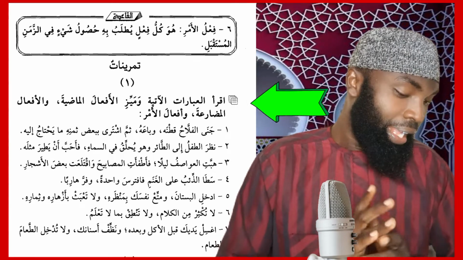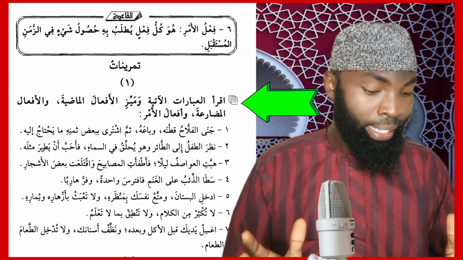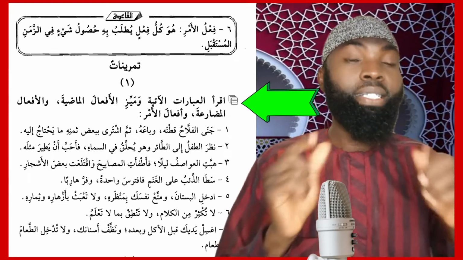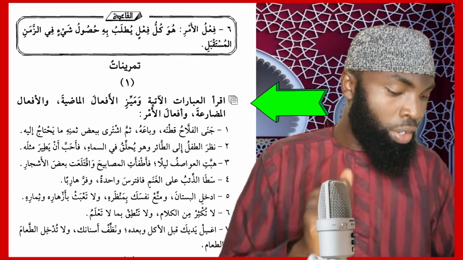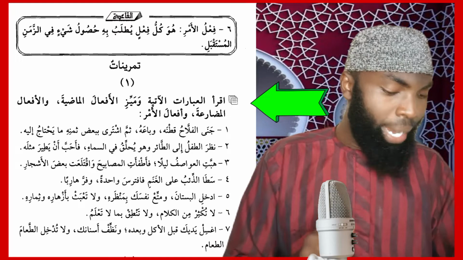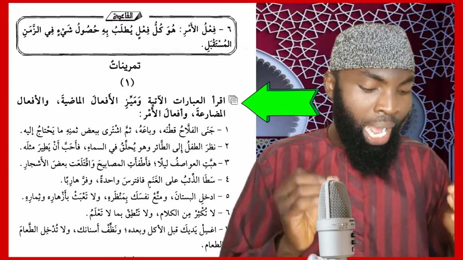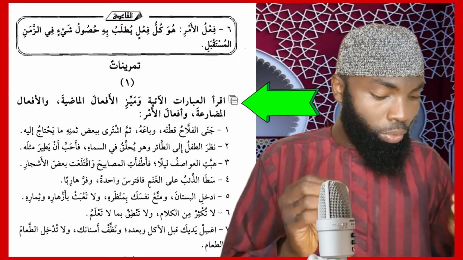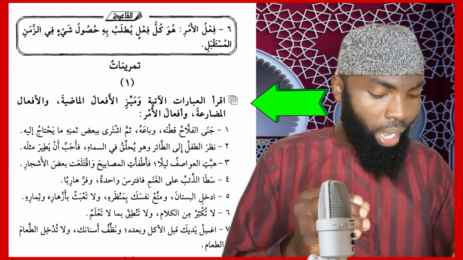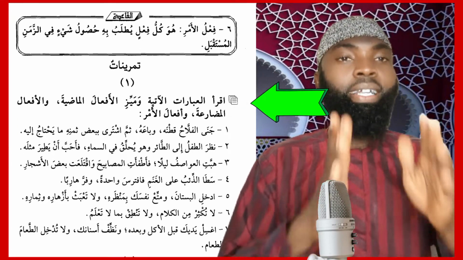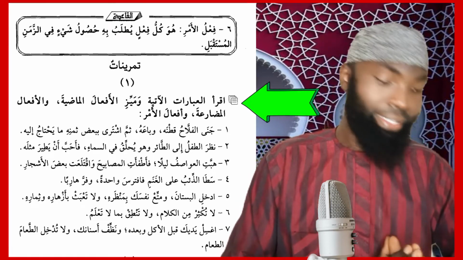MashaAllah. Tamrinat, exercises. Tamrinul awal, the first exercise. The instruction says: read the following sentences and differentiate the past tense verbs, the present tense verbs, and the command tense verbs. Read the following sentences.